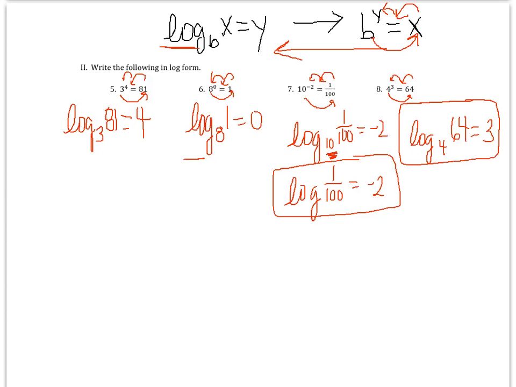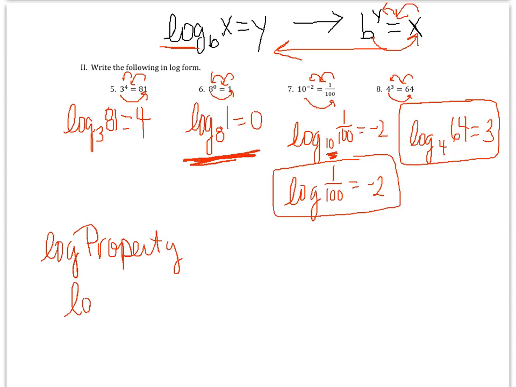Okay, let's go back and talk about number 6 for a second. This is a log property, and so I'm gonna talk about it for just a second. The log property says that anytime you have a log base b of 1, this will always equal 0. And I hope that you can understand why by looking at number 6. Let's look at number 6 again. It says 8 to the 0 equals 1.